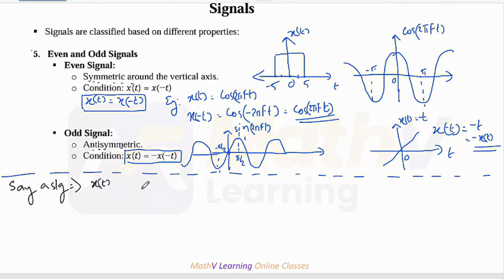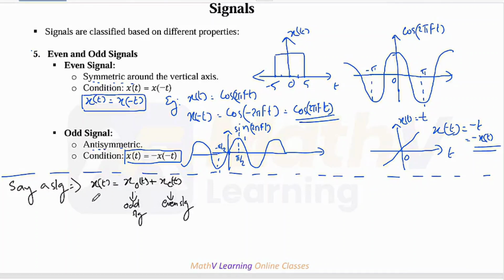Then we can represent this x of t as a summation of an odd signal and an even signal. Okay, so a signal can be represented as a summation of its odd component and even component. So this is the odd signal, and this is the even signal.